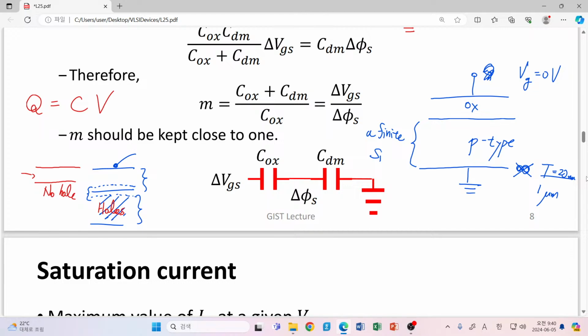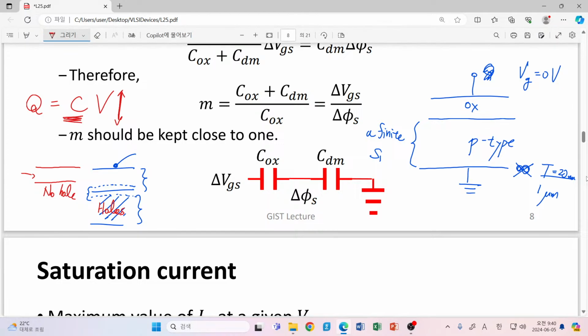So when you change this voltage, if you have meaningful C values, then you will also have an increase or decrease of your charge across your system.